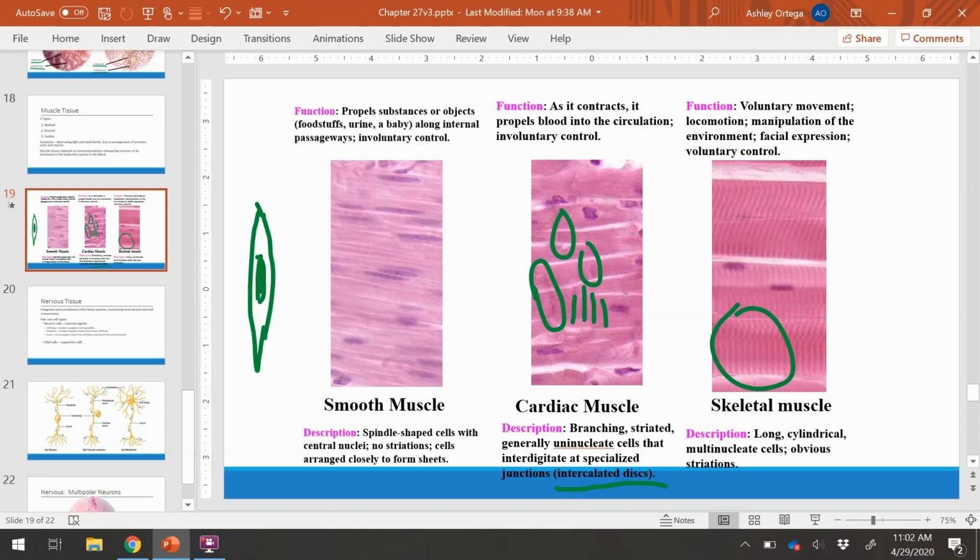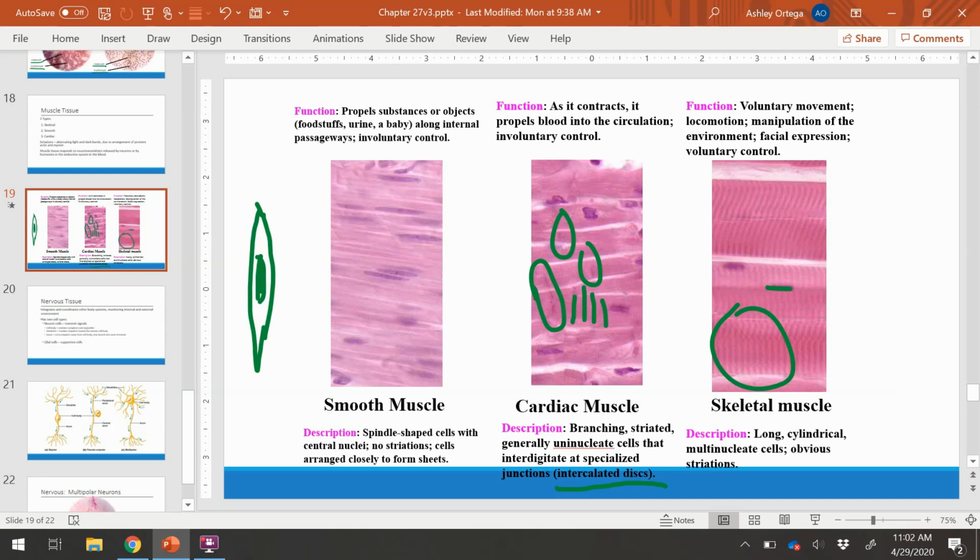Their nuclei are flat, and they're usually on the end or the outermost part of the cell. They're not found in the center, they're found on the side. That is a key indicator there.